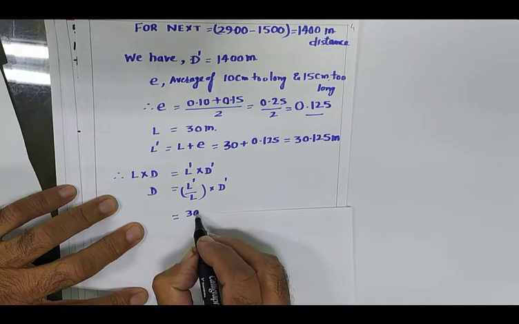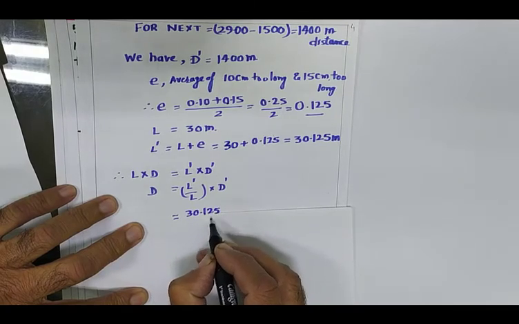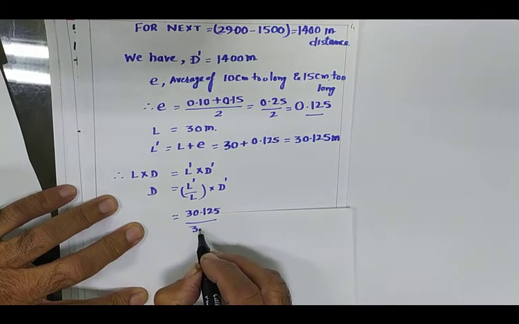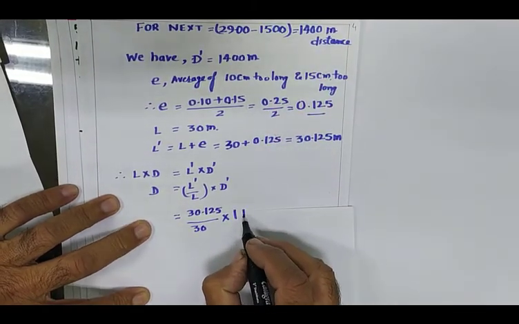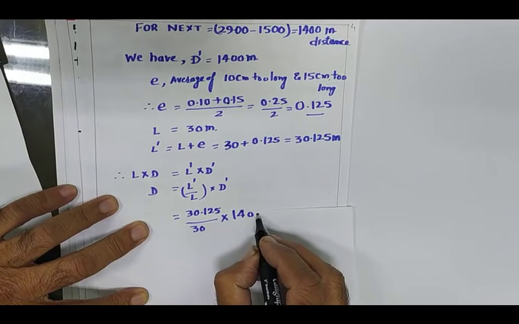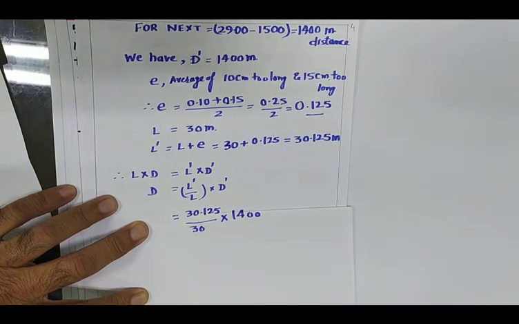L dash is equal to 30.125 meter, L is given 30 meter, and D dash is the remaining distance 1400 meter.